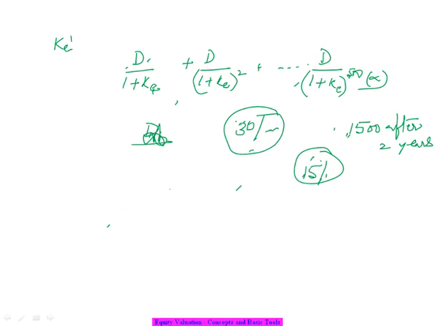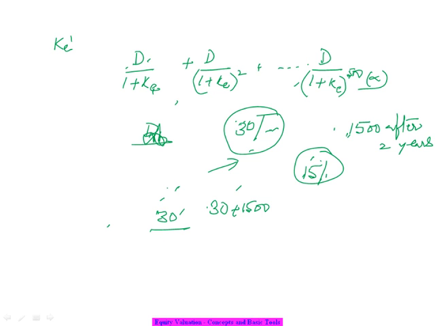Now in this, what are the cash flows that you will get in case you buy this share? You are expecting 30 after 1 year. You are expecting 30 after 1 more year. And at the same time, you are expecting 1500 when you sell off that share. So these are the total cash you are expecting in each of the next 2 years, and you discount them to the present value.